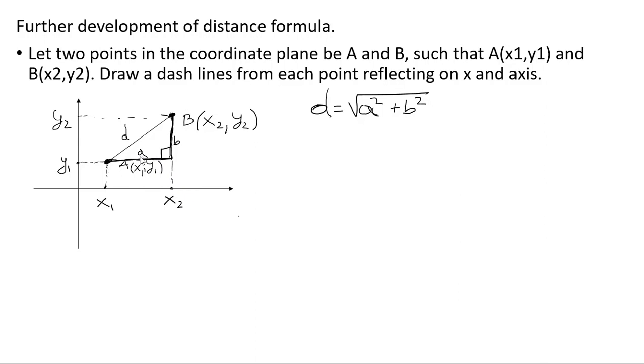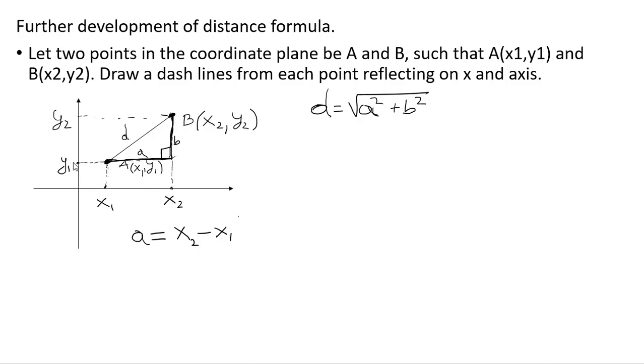So side A is going to be, oh, initial point is x1 and terminal point is x2. So I can say that A is equal to x2 minus x1. So I take the ending or terminal point minus the initial point. Therefore B is going to be what?